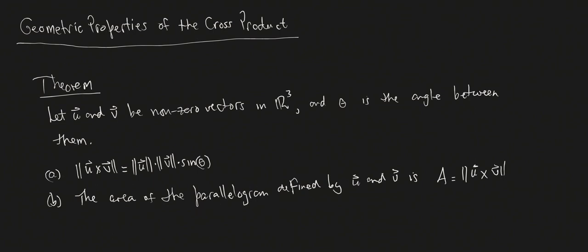But what this result is now saying is that the area of that parallelogram can be computed by taking the magnitude of the cross product.